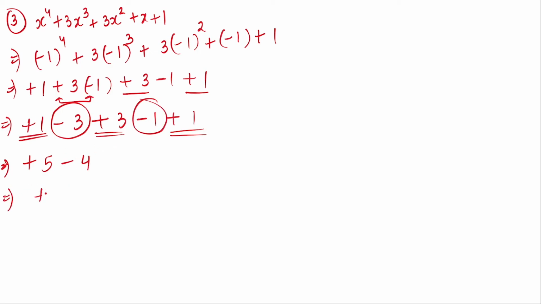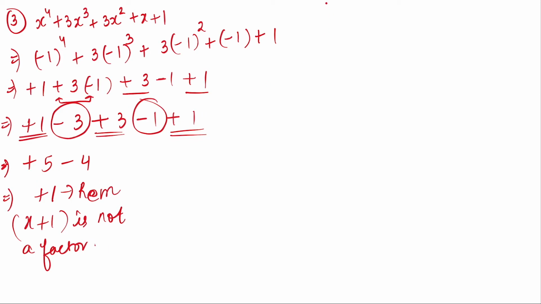So again we are getting plus 1 as remainder. For this part as well, x plus 1 is not a factor, because for a polynomial to have x plus 1 as a factor, it should give us 0 as remainder.